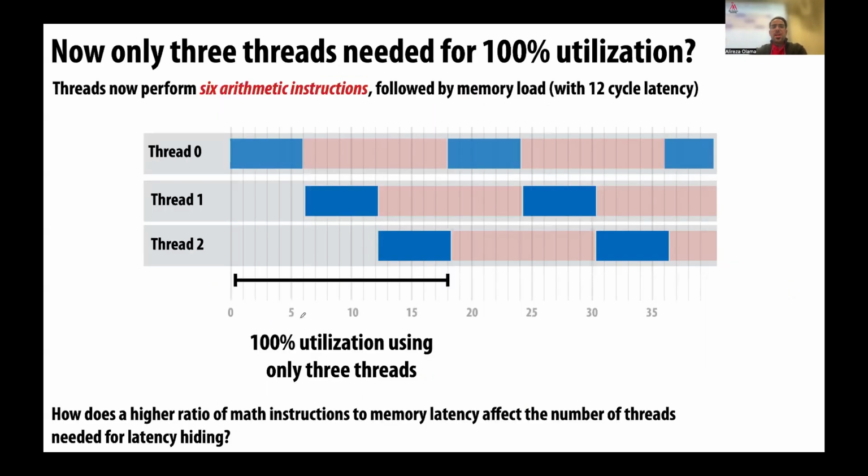So, and we saw that for computationally intensive applications, what we can do for latency hiding is to switch to other threads that can perform computations while you're waiting for the memory. So this way, for computationally intensive applications, you can also keep the CPU cores busy as much as you can.